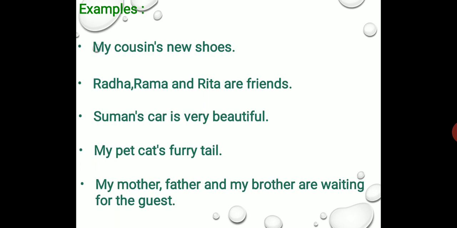So we use an apostrophe when the sign is at the top with S or only the sign is there. When the sign is at the bottom after the word, it is a comma. So the first sentence, my cousin's new shoes, shows possession. So it is the possession form.